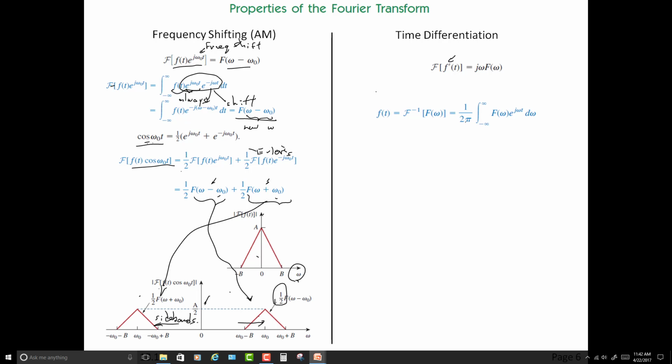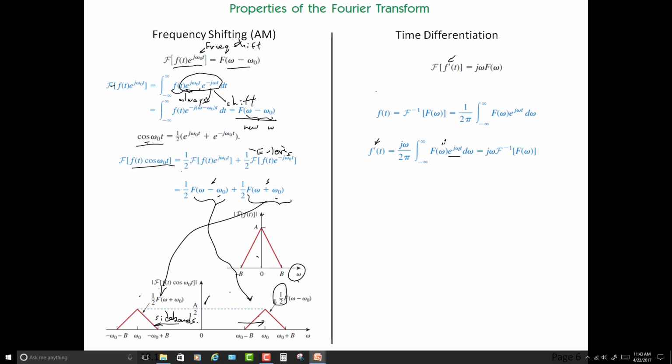So if that's 1 over 2 pi times the integral of F of omega, then the derivative of that, taking the derivative of this far right side, will be the function times e to the j omega t d omega, but with the j omega out front. If I take the derivative of this, I'm really just taking the derivative of this.